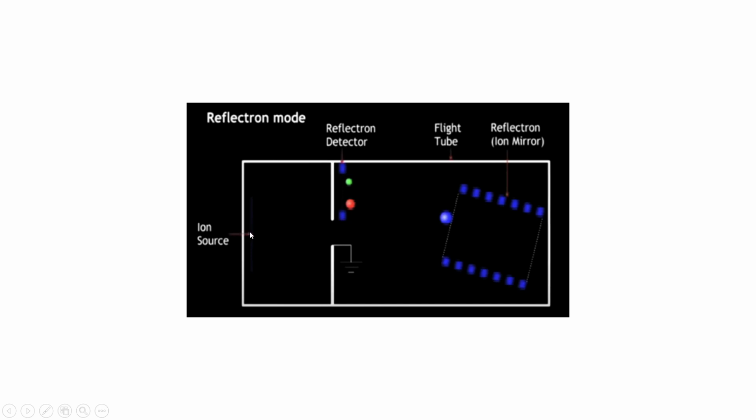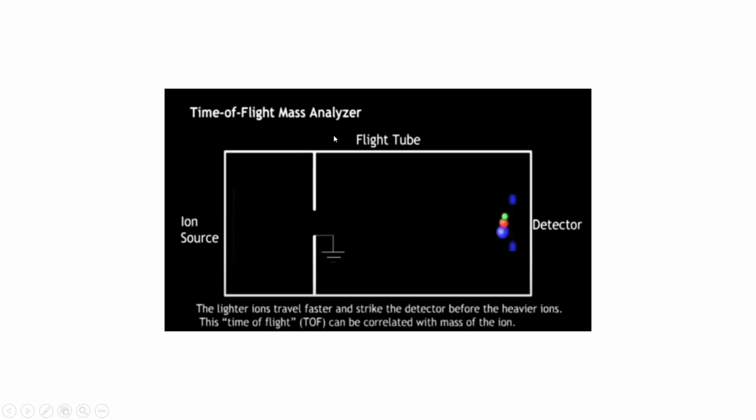Here the ions will come from the ion source, first hit the reflection mirror, and once they hit the reflection mirror, they will go towards the detector. So this is the extra time they have till they go towards the detector. So there is a reflectron mode as well. Here there is another mode where there is no reflectron present.